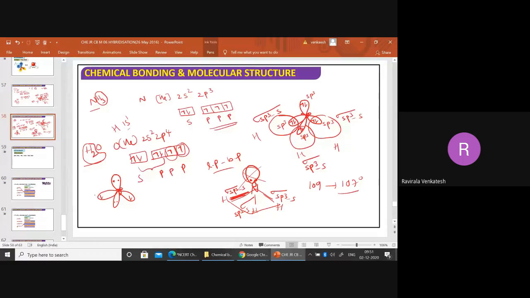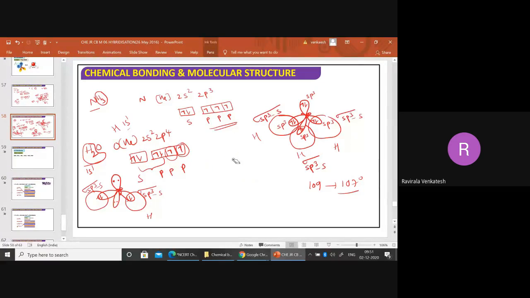Two hydrogens, and hydrogen has 1s1 configuration. Put this electron over here, then this bond is called sigma sp3-s again. This one is also sp3-s. Same as ammonia, we are getting a shape like this.